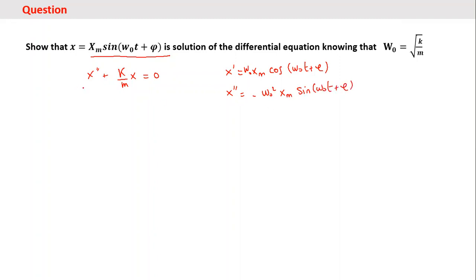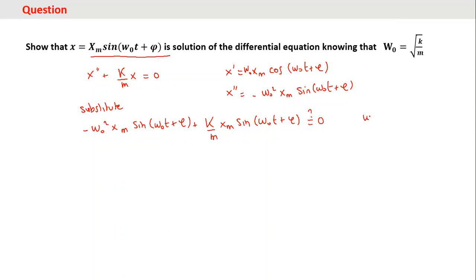Now, the question is to verify that this is a solution, so we do a substitution. We get minus omega 0 squared xm sine omega 0 t plus phi plus k over m x, and we put x, which is xm sine omega 0 t plus phi. Is it equal to 0? We must verify it.